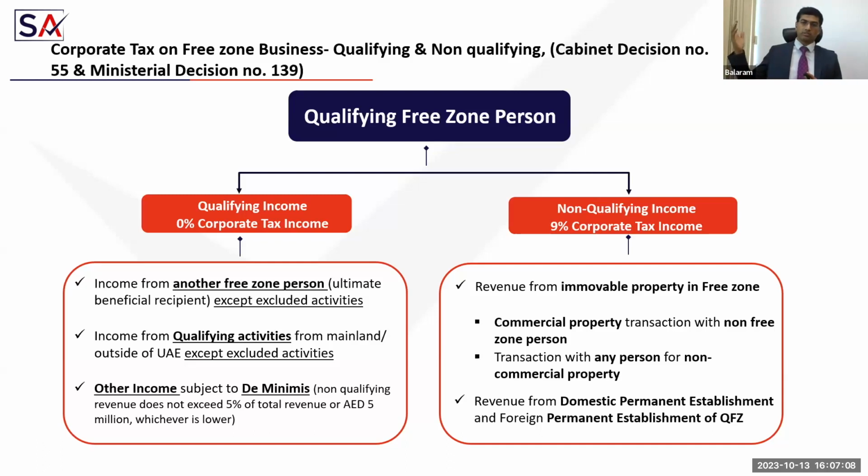Likewise, for a foreign permanent establishment, if that same person is working from outside the UAE and providing all the services from there, then the activities of that person from outside will be considered income from a foreign permanent establishment, and that will be subject to tax at 9% straight. This will not impact your qualifying free zone person status, but this particular portion of income will be subject to tax at 9%. That's the difference.